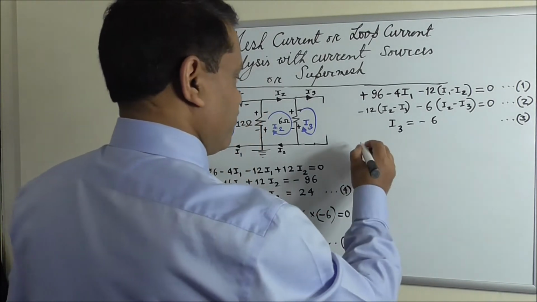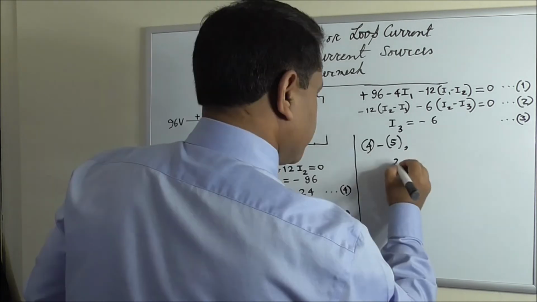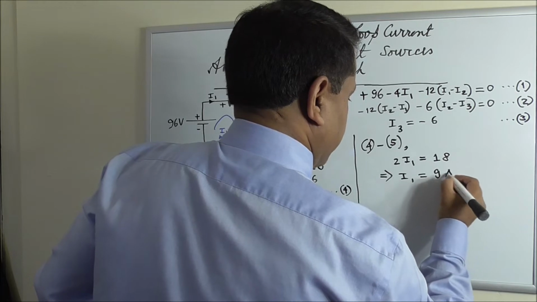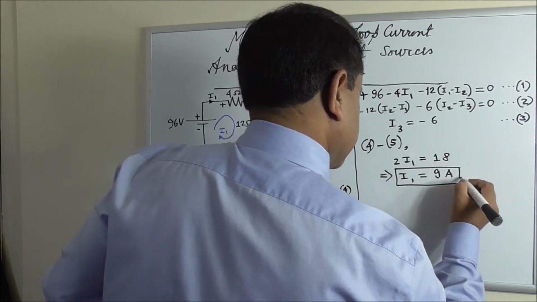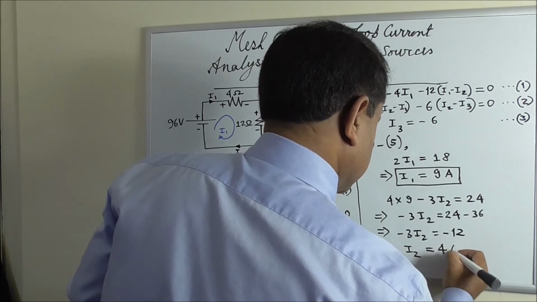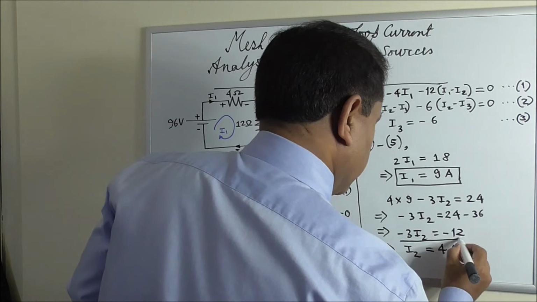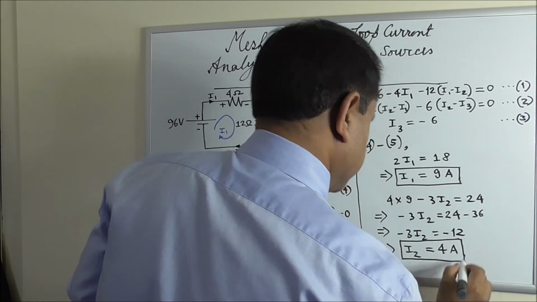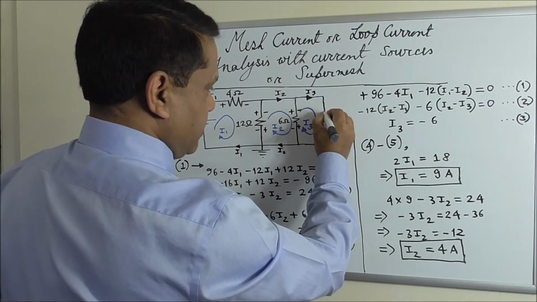Subtracting 5 from 4, so I1 is 9 ampere. So I2 is equal to 4 ampere. Let me put it back, the current source, because it is in the circuit.